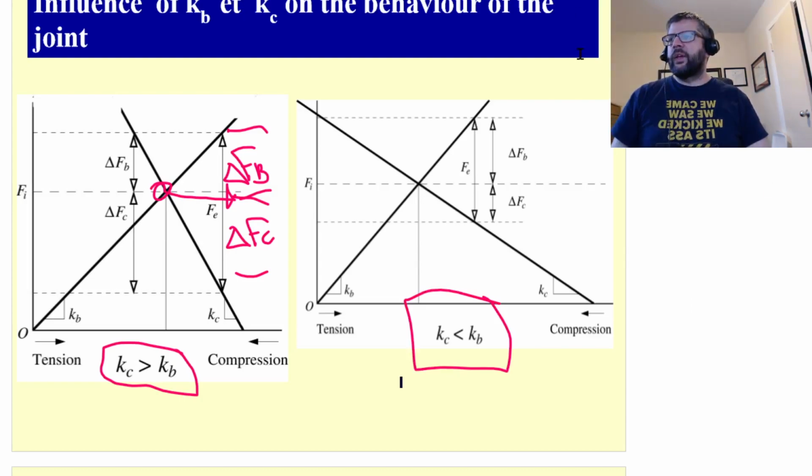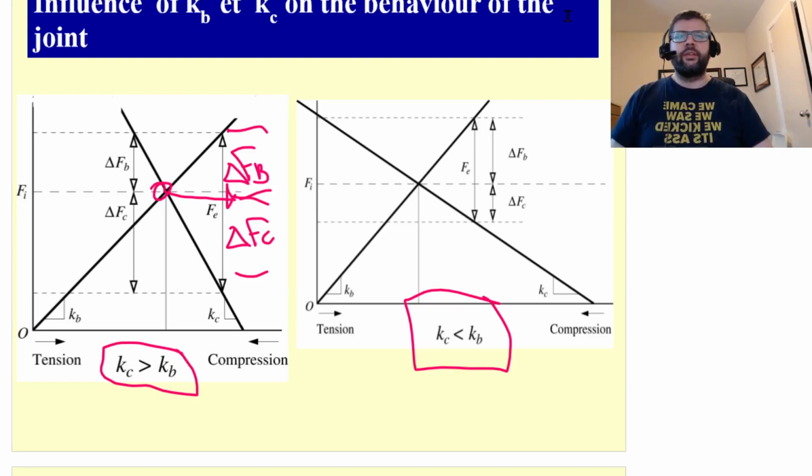And typically, most of the time, your Kc is going to be larger than your Kb, because your Ac is typically going to be a lot larger than the cross-sectional area of your bolt.